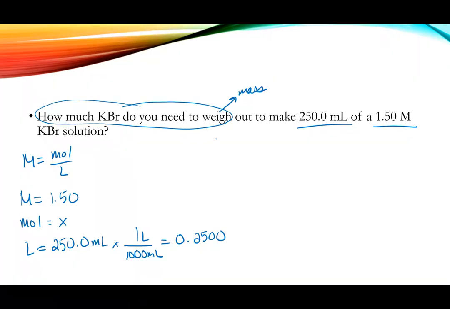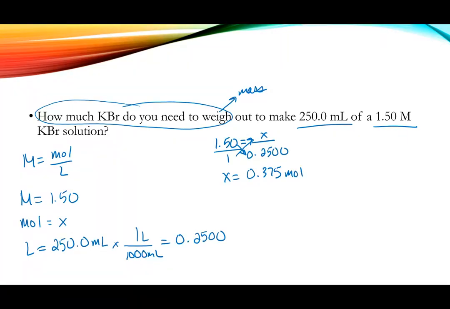So I'll go ahead and plug in 1.50 equals X over 0.2500. Put that over 1, cross multiply, and I get 0.375. And the unit of X was moles.